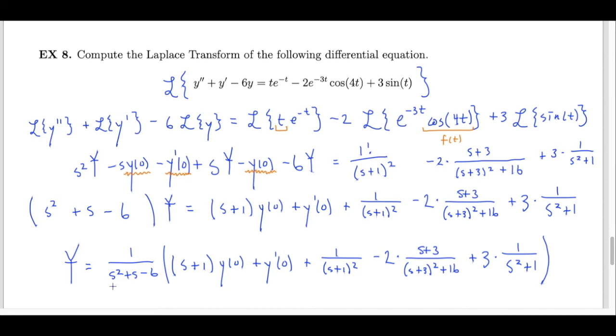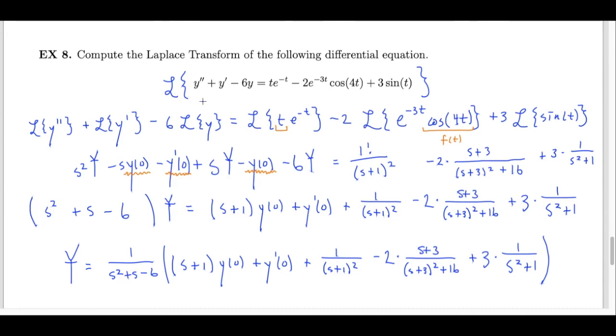Since I have this s squared plus s minus 6 multiplied through by everything, it's not quite as simple as that, but generally speaking, I would say that this right-hand side is a sum of the Laplace transforms of a bunch of functions. This left-hand side is simply capital Y, the transform of the unknown function, which is the solution to my differential equation.